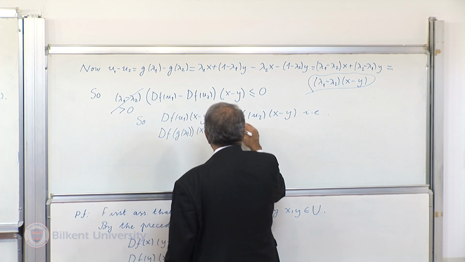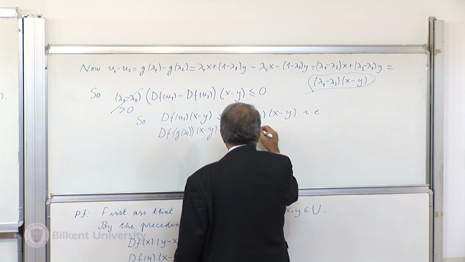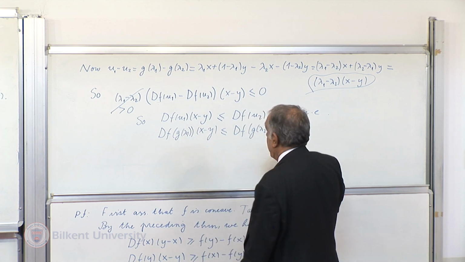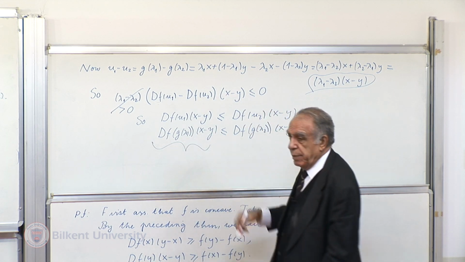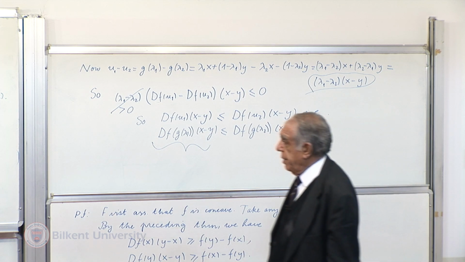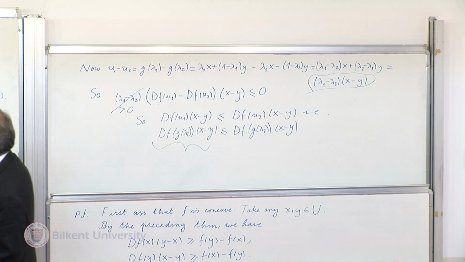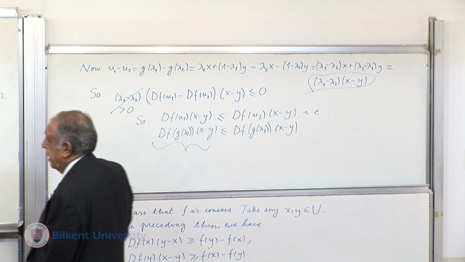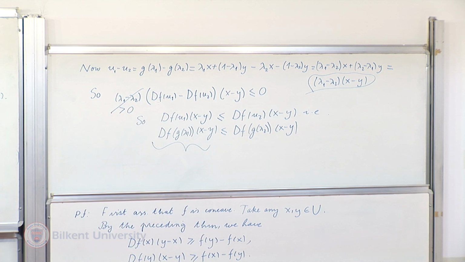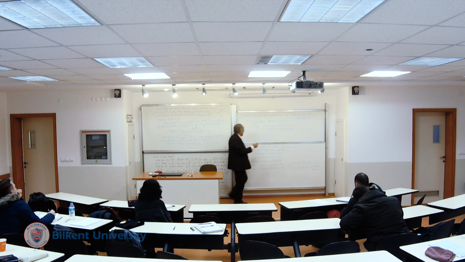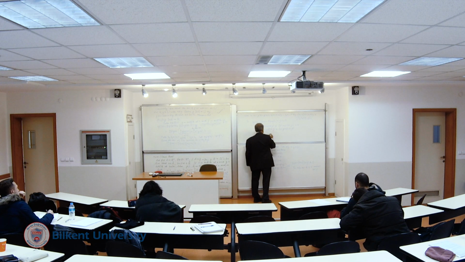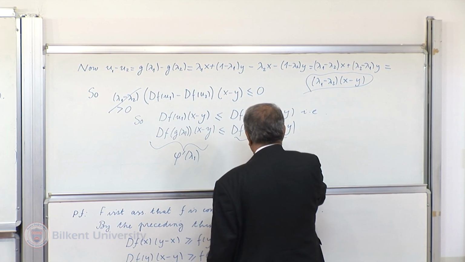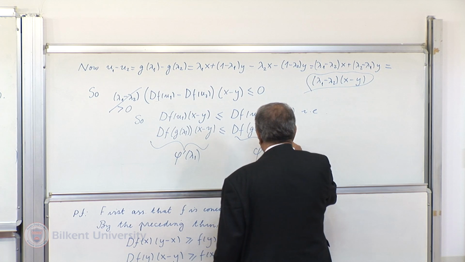That is less than df g lambda 2 x minus y. But do we know what this is equal to? Well, df g lambda at x minus y, that was phi prime lambda. So this is phi prime lambda 1, and this is phi prime lambda 2.